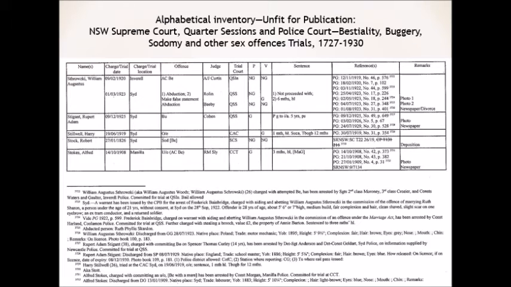There is no doubt that the Unfit for Publication's alphabetical inventory is the largest of its kind in the world. It brings together many different details about offenders and so on. Many different data sets can be extracted from the New South Wales Police Gazette alphabetical inventory when it is completely uploaded.